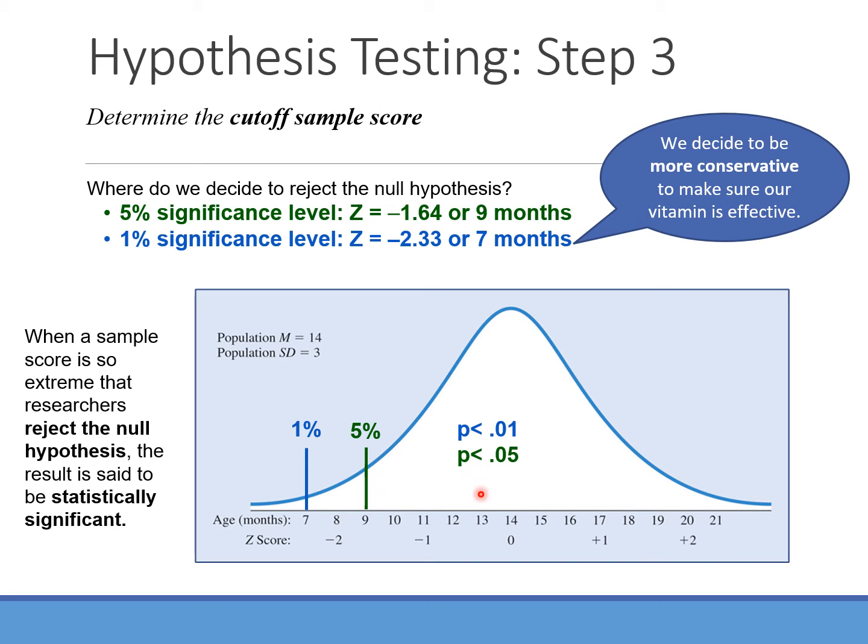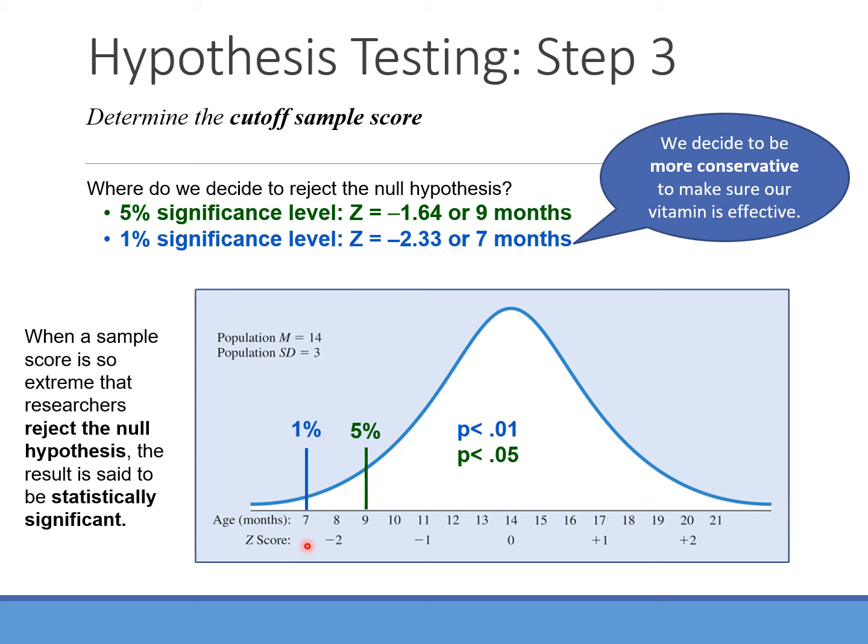So if we say that we're going to use the 5% significance level, then if our babies walk at less than 9 months old, then we're confident that it's because of the vitamin. But there is still a 5% chance that it's due to chance. So we're going to be even more conservative, and we're going to choose the 1% significance level.